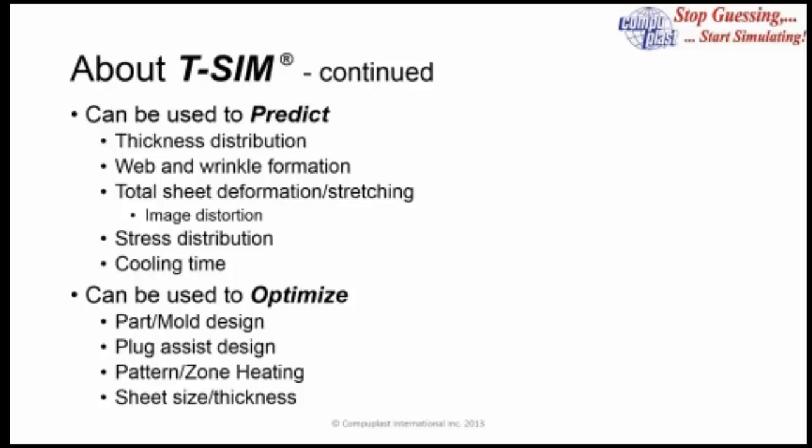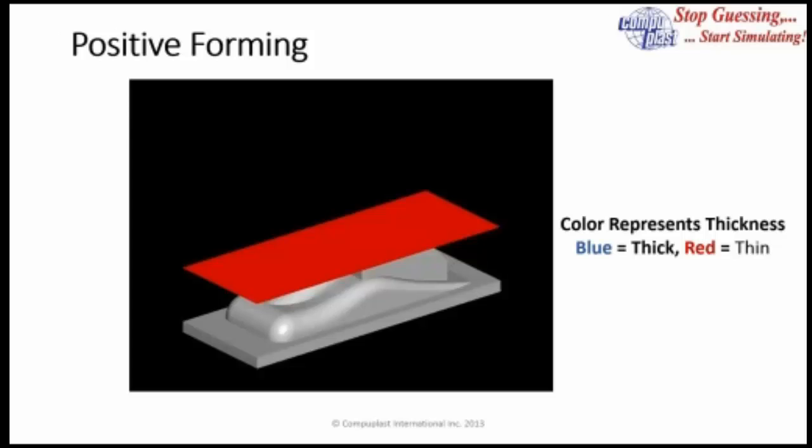We can do pattern or zone heating of the sheet, and I will demonstrate how we can use that to our benefit when we're doing a simulation. And of course, we can select the size and the thickness of the sheet that's the most optimum for our process and save some money with respect to the cost.